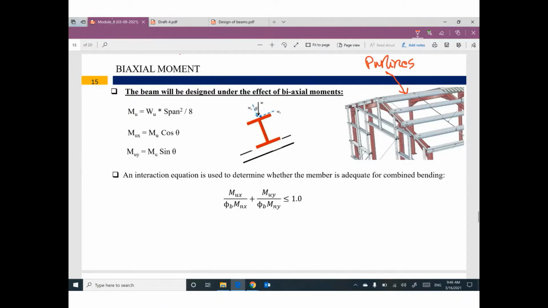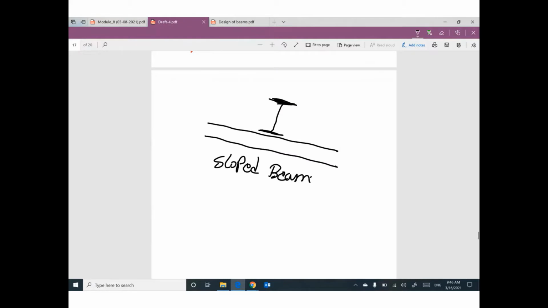You have a rafter like a frame or truss, whatever, inclined, sloped. So if you are supporting another beam on this sloped surface, this cross section will be inclined like this.